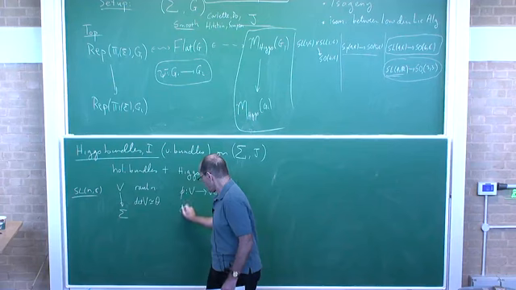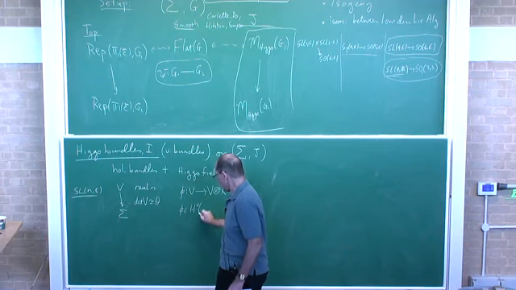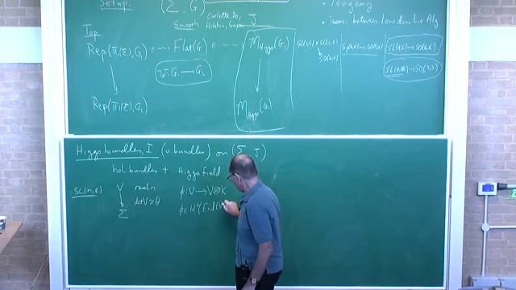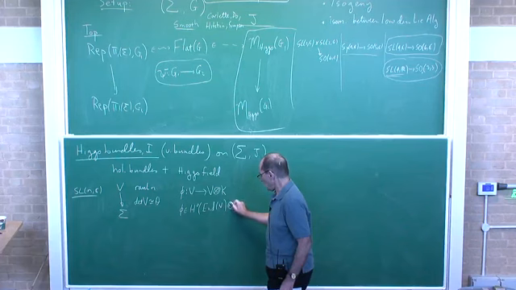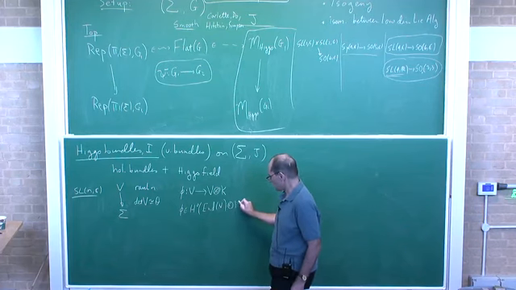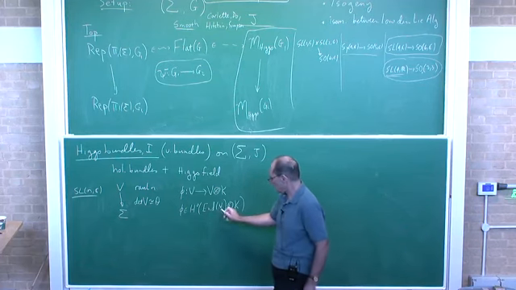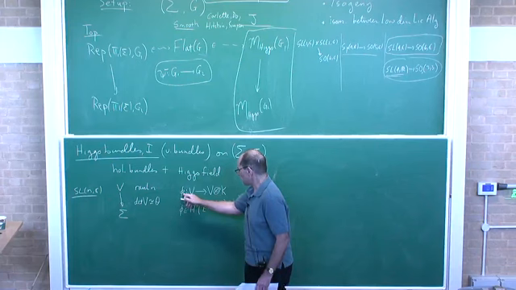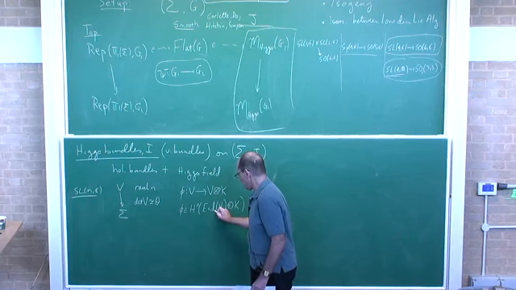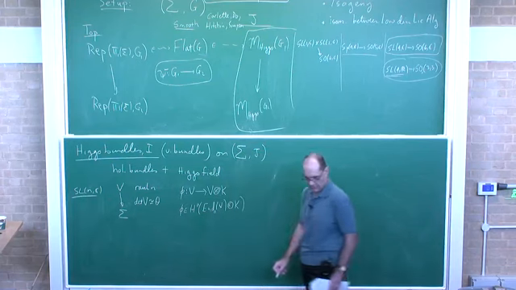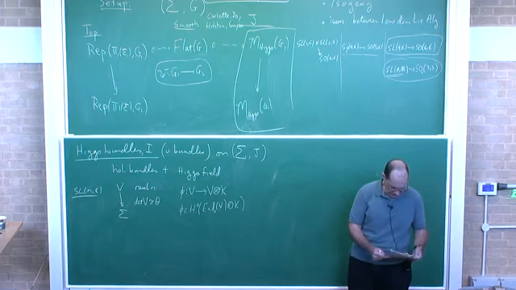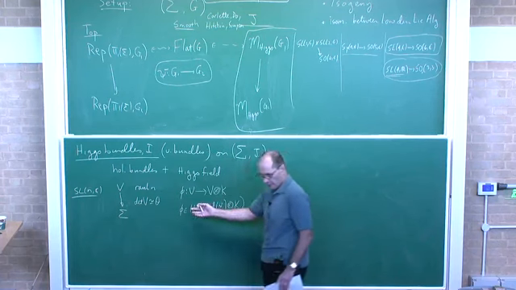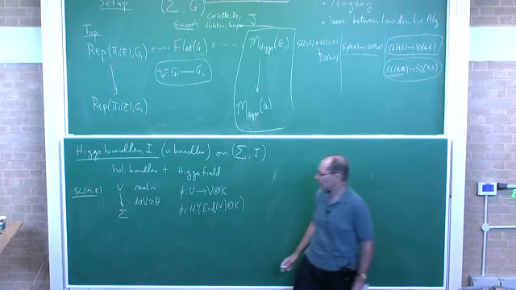So you can think of it as a section of an associated bundle, the endomorphism bundle. It has a one-form nature, so twisted by the canonical bundle, and the S here influences this because it means that the trace of this has to be 0.